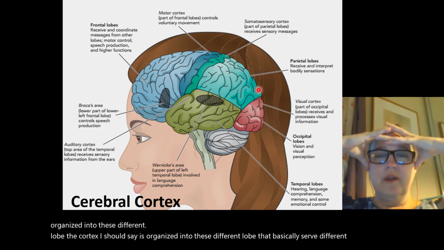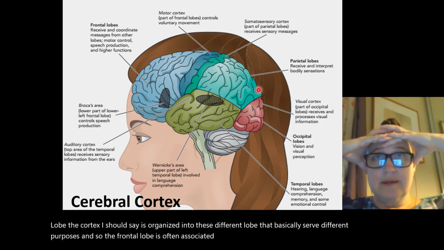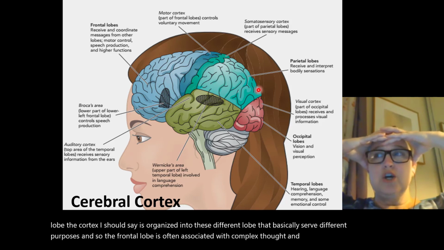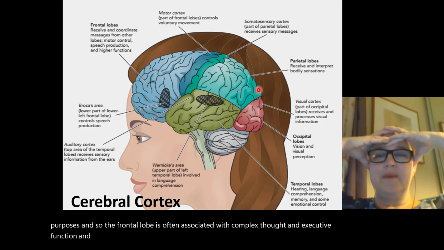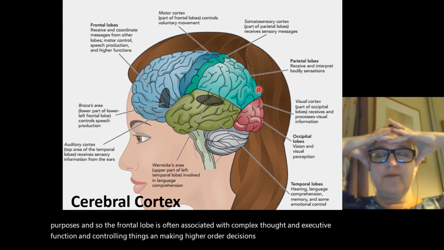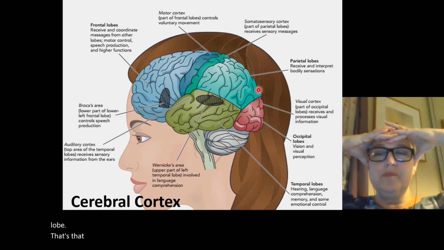And so the frontal lobe is often associated with complex thought and executive function and controlling things and making higher order decisions and speech. So this frontal lobe, that goes here.